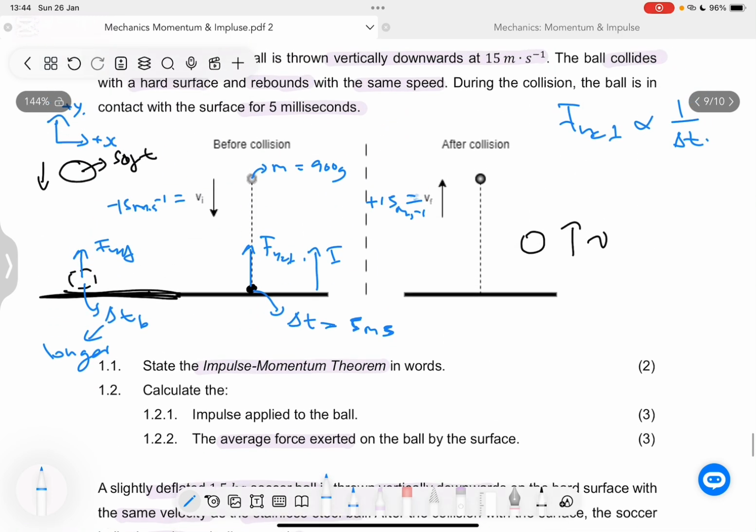You can also answer this question using the change in momentum, because remember, there is a relationship between the change in momentum and impulse, which is related to the force.